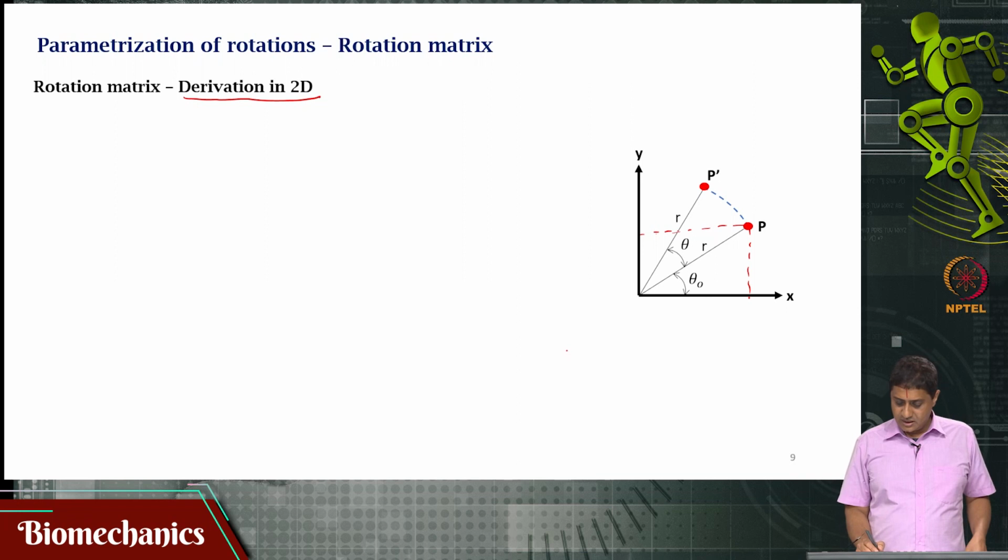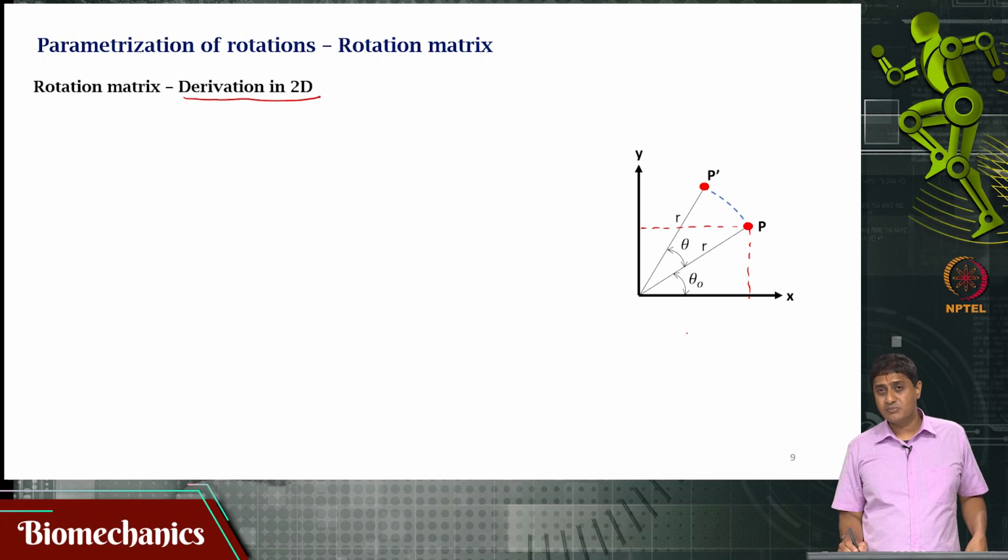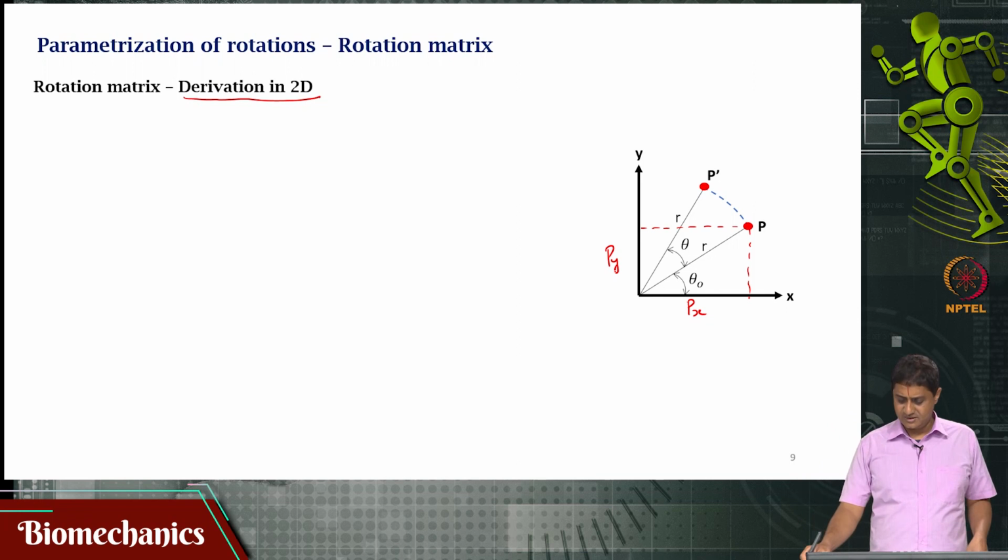I can find out the projection of this point P onto the x axis, which I am going to call Px, and onto the y axis, which I am going to call Py.